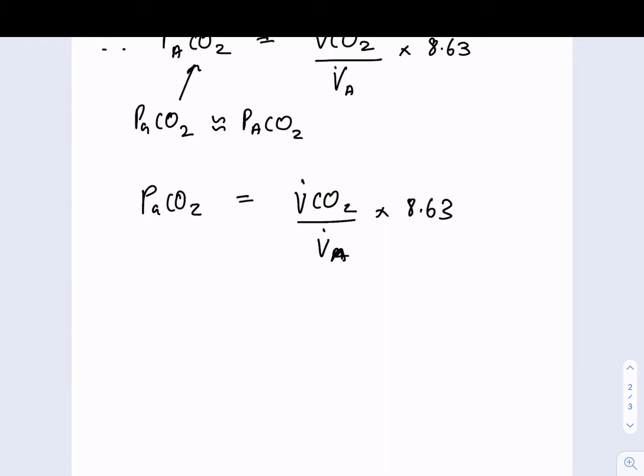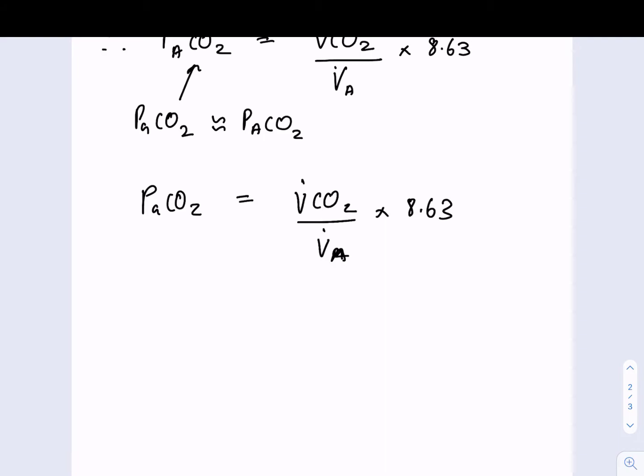If you're producing more carbon dioxide through metabolism, say for example you're in a catabolic state, then your carbon dioxide production increases, where your arterial carbon dioxide level will increase.